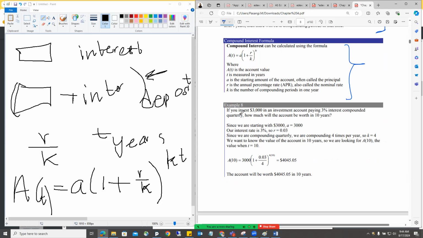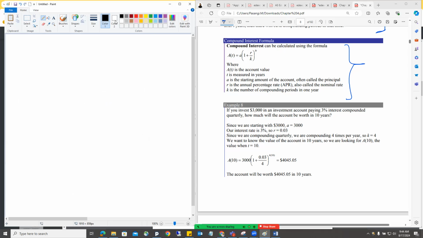So example 8: if you invested $3,000 in an investment account, that is how to figure out these types of questions. The initial value A will be $3,000. If you invest $3,000 in an investment account paying 3% interest compounded quarterly, now R is what?